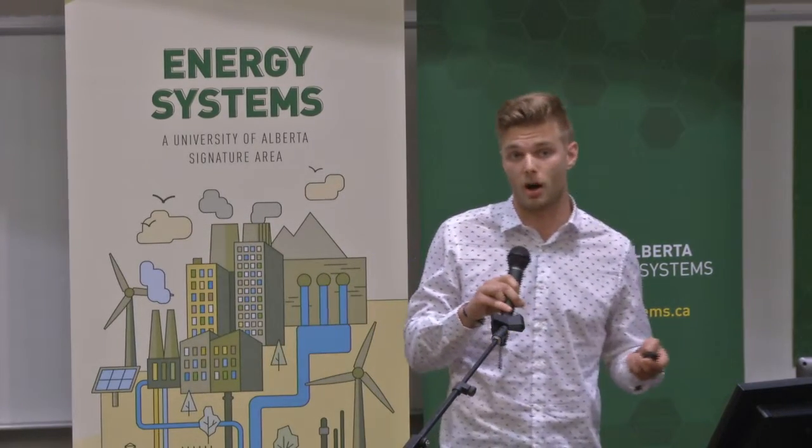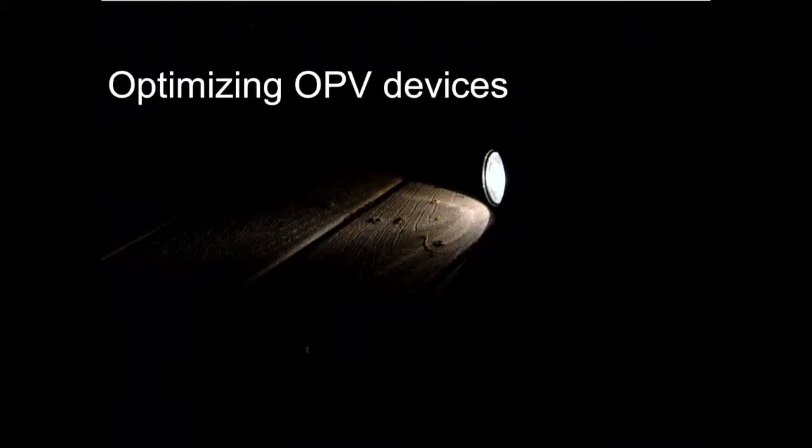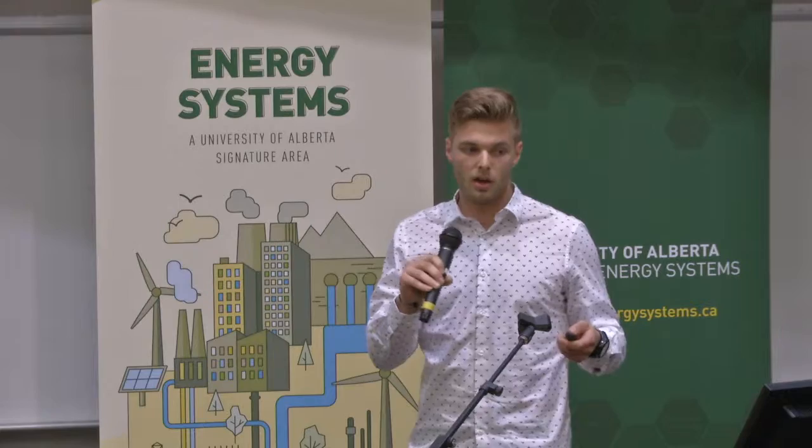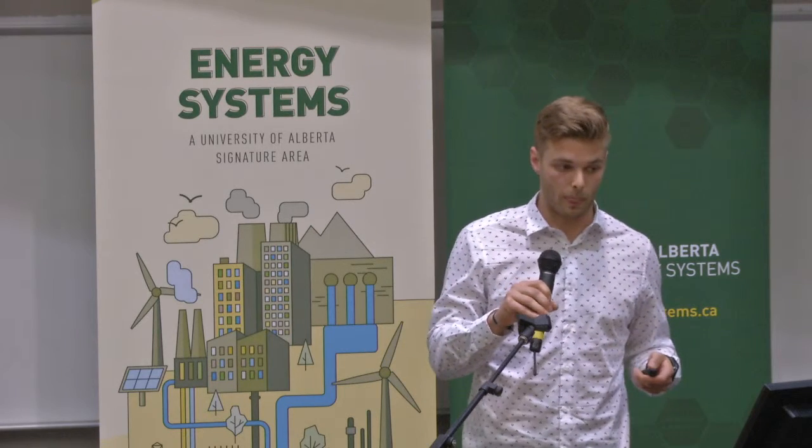So how should we go about optimizing OPVs? Typically in academia, what happens is you start with a point from, say, literature, or maybe the most convenient point. The best analogy to use in this scenario would be to find the point of highest elevation in this auditorium.